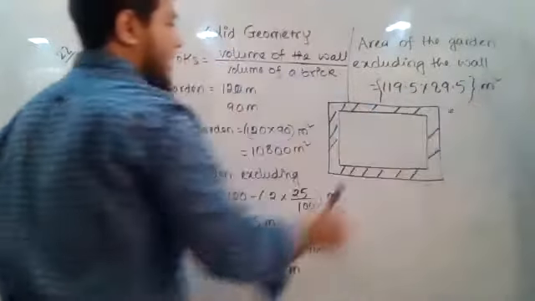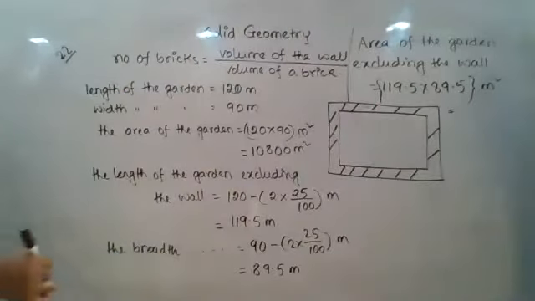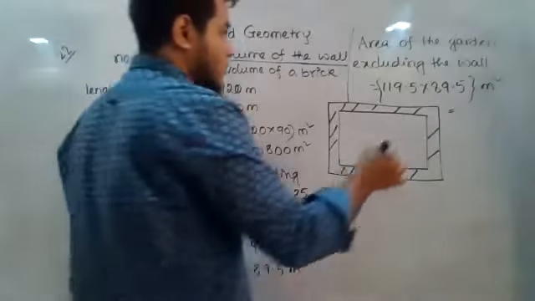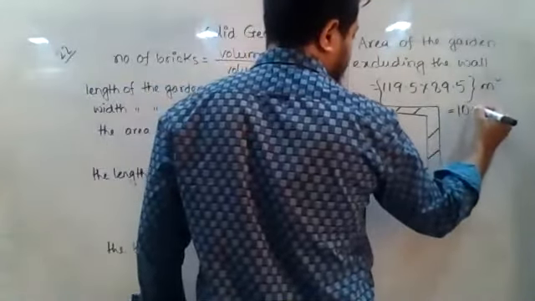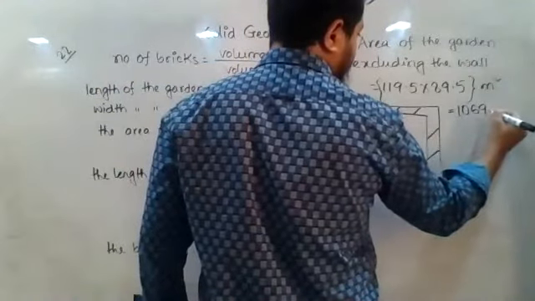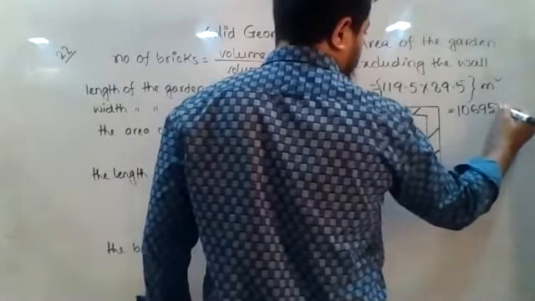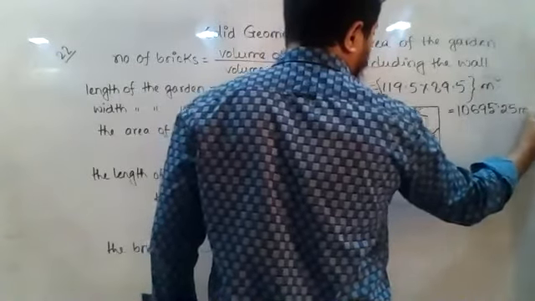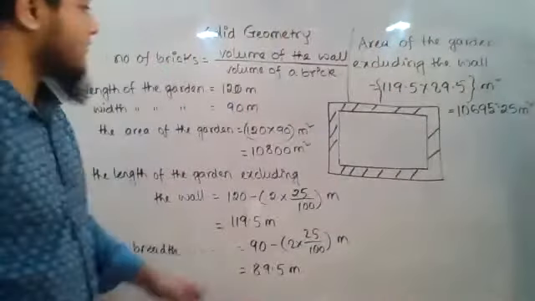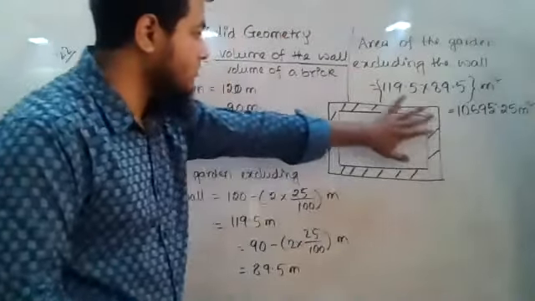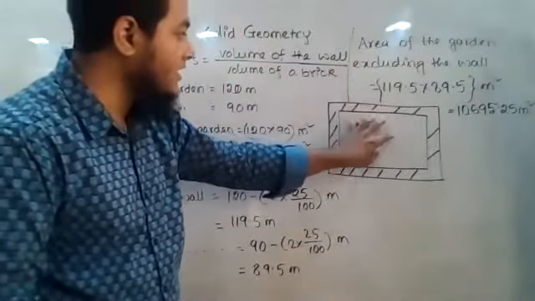Can anybody tell me the answer? 10695.25 meter square. So we have the outer area, that means the total, and we have the inner area.